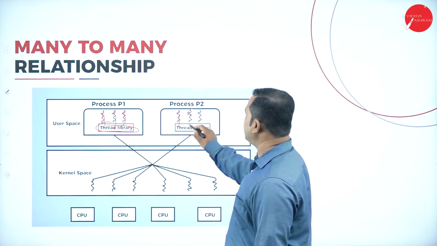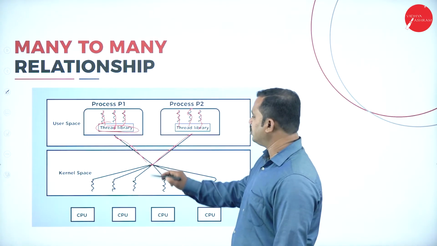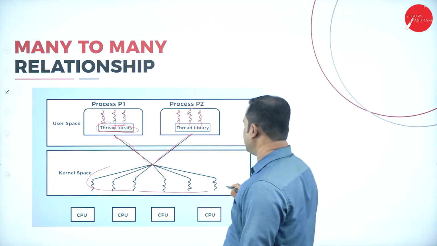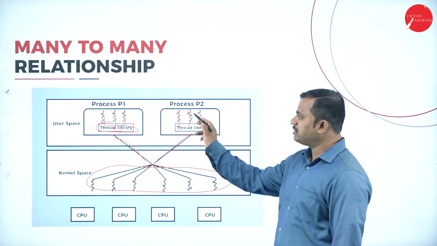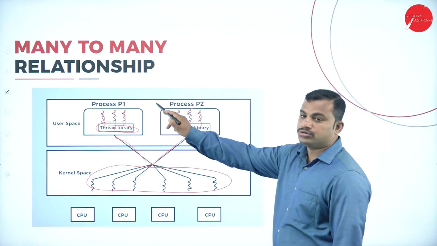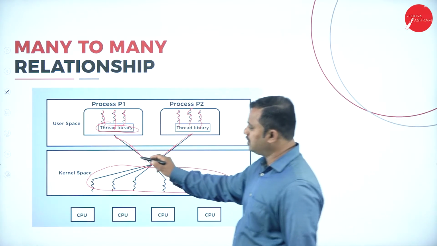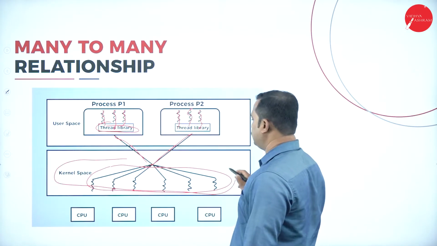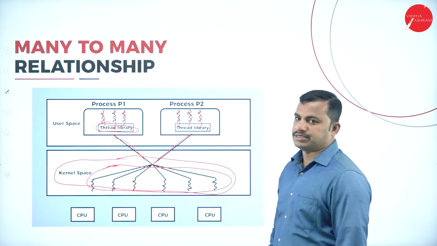Process P2 is related to 3 threads. So all these threads are combined together to form 6 threads in the kernel space. So we have a total of 3 plus 3. 3 threads belong to process P1 and another 3 threads belong to process P2. So all these threads are combined together to form a kernel space.